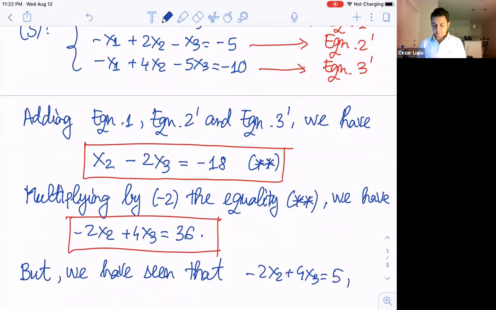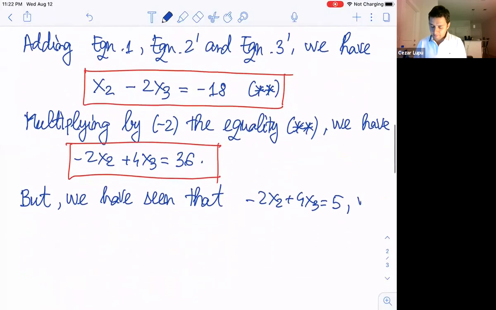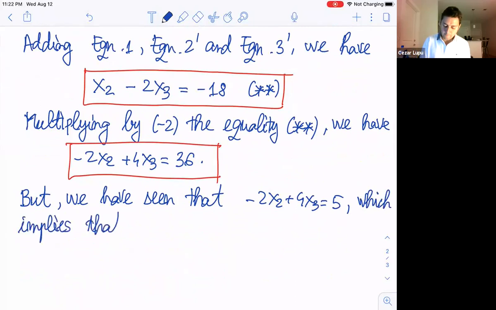Well, which will imply that 5 equals 36. So as far as I'm concerned, this will never happen when these are real numbers, so we get a contradiction.